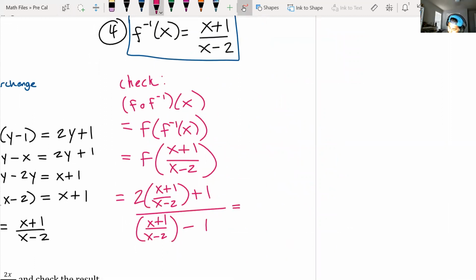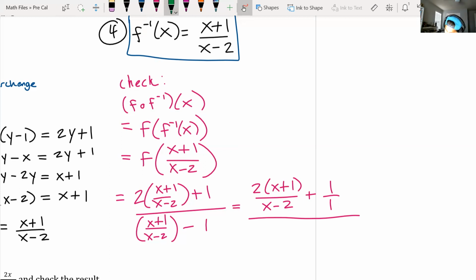So this becomes 2 times x plus 1 over x minus 2 plus 1. And I'm going to make this into a fraction, put it as 1 over 1. So let's just look at the numerator for now. If we want to combine these two terms together, we need to multiply by a common denominator of what? X minus 2.